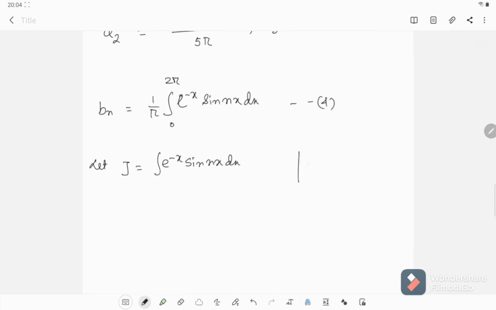So again that uv technique, that is u integral of v dx minus the integral of u dash times integral of v dx. So sin nx will come out, and this will give you e to the power minus x.